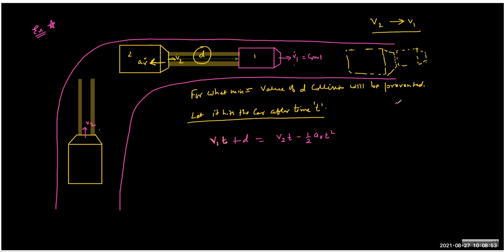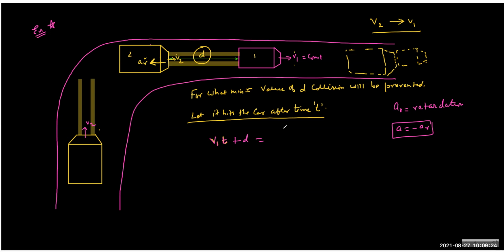AR is the retardation value. So what is A? A is minus AR. What is acceleration? Minus of AR. Understood?